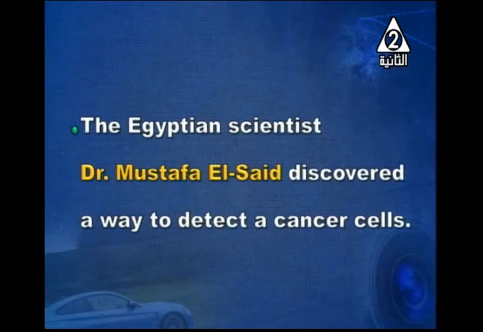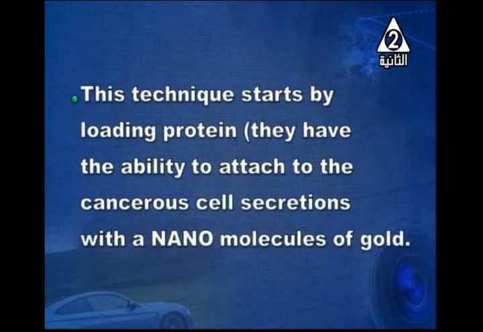The Egyptian scientist Dr. Mustafa al-Sayed discovered a way to detect the cancer cells. This technique starts by loading proteins. They have the ability to attach to the cancer cell secretions with the nanomolecules of gold.